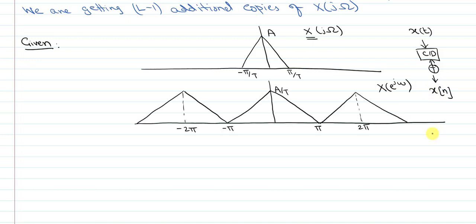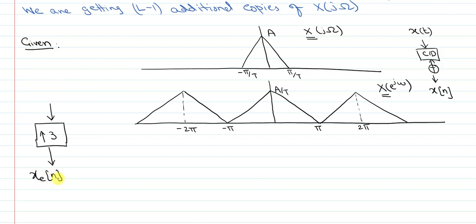This is the Fourier transform of my sampled sequence X(e^{jω}) obtained by scaling the frequency axis by a factor of T and scaling the amplitude by 1/T. Now let's take this sequence and upsample it by a factor of 3 to get x_e[n].